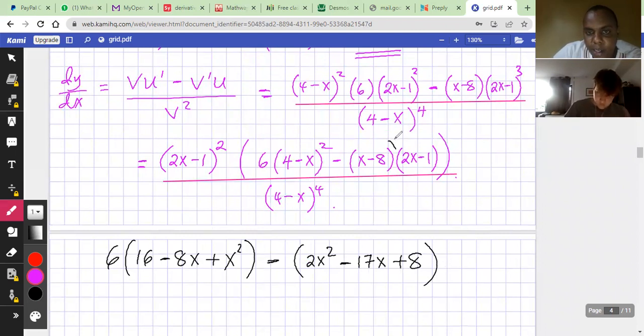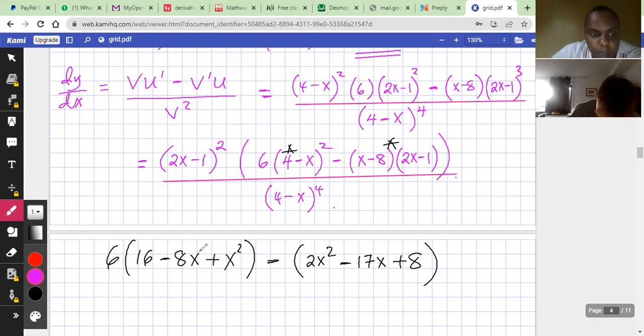I just expanded this part and I expanded this part. And so it's going to be huge. What is 6 times 16? 6 times 16 is going to be 96.